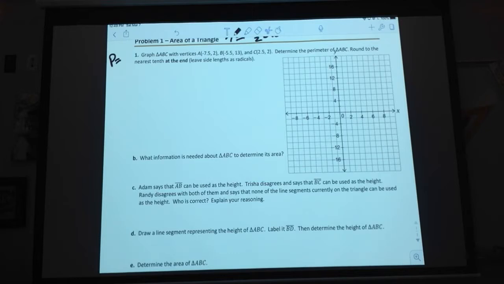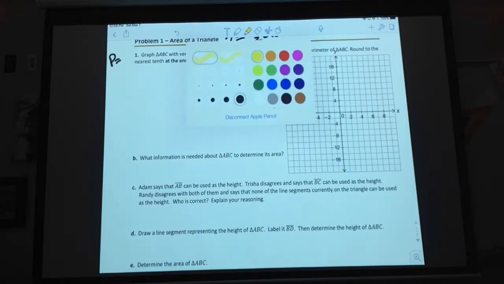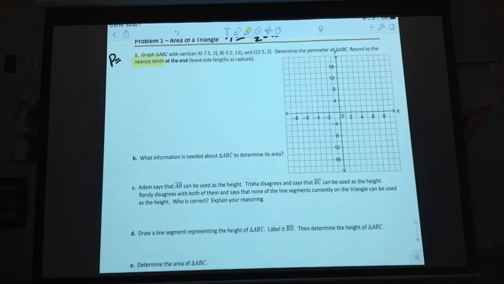And it says round to the nearest tenth, so we can do this in decimal form at the end. We want to leave side lengths as radicals as we do this, though. We don't want to round until the end. We want to leave things in just radical form until then.